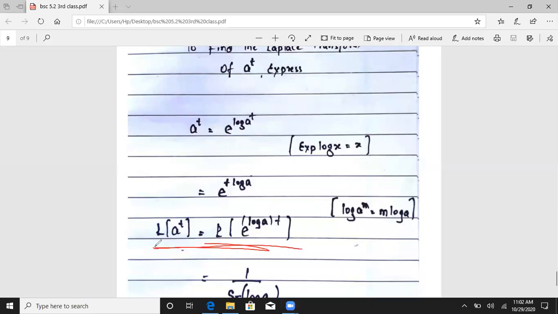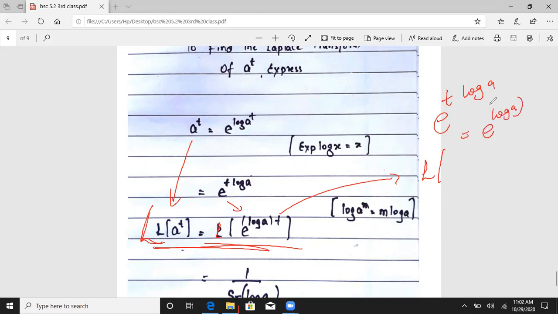When we apply the Laplace transformation, the Laplace transformation of a to the power t is equal to the Laplace transformation of e to the power t log a, which I write in its simplest form as e to the power (log a) into t.